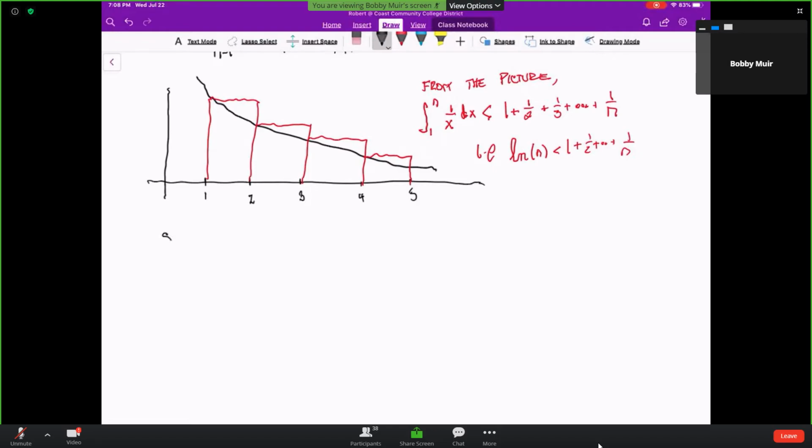So what we've just established is that Tn, which is 1 plus 1/2 plus up to 1 over n minus the natural log of n, is positive for all n.